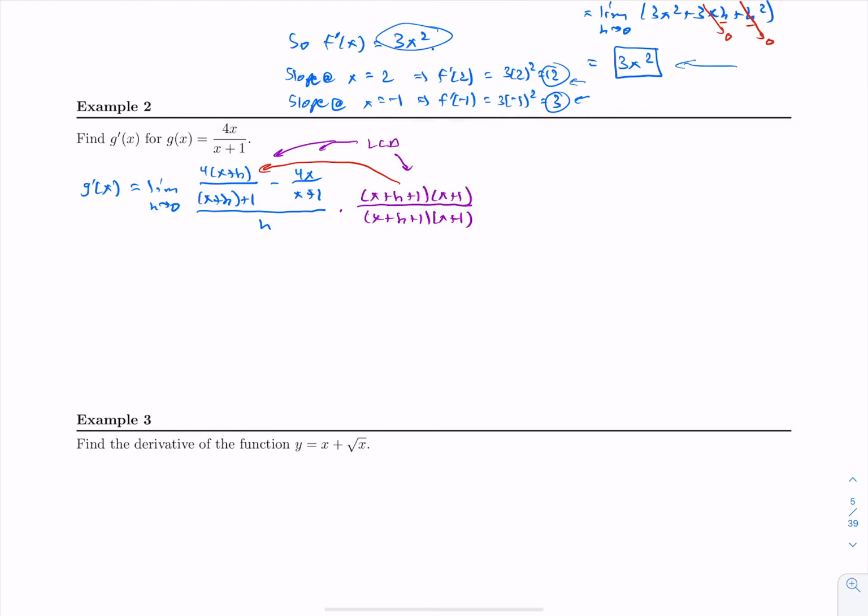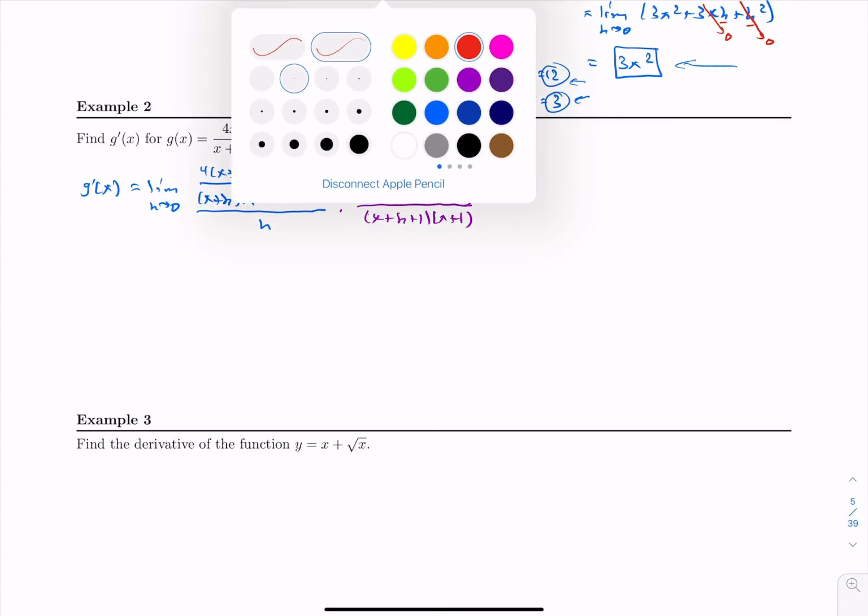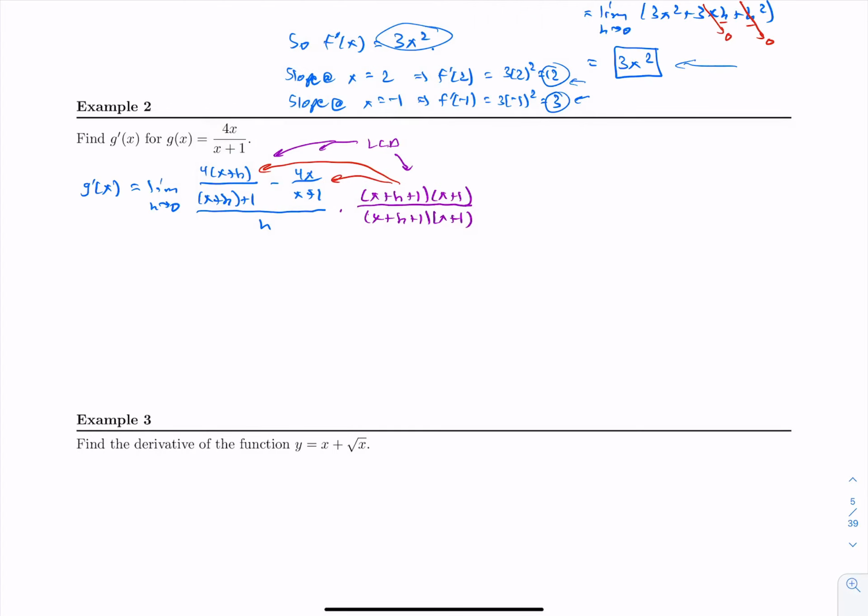So we multiply everything by it on top. And if I do that, we have the limit as h approaches 0. When I multiply the first term, the x plus h plus 1 term cancels out, and I'm left with 4 times x plus h, and then the x plus 1.